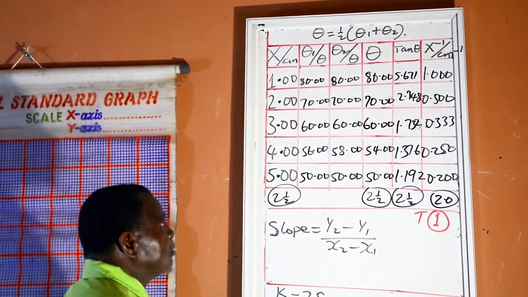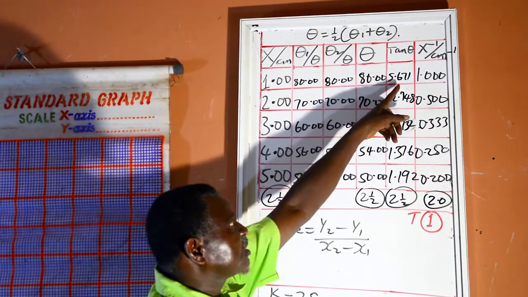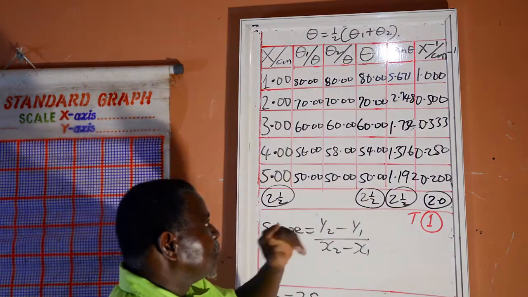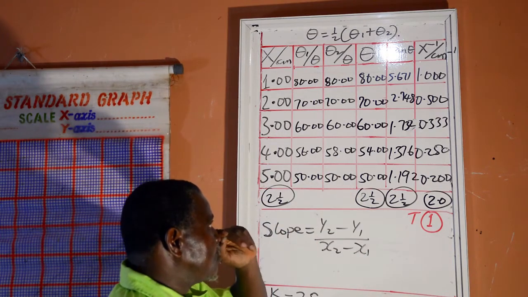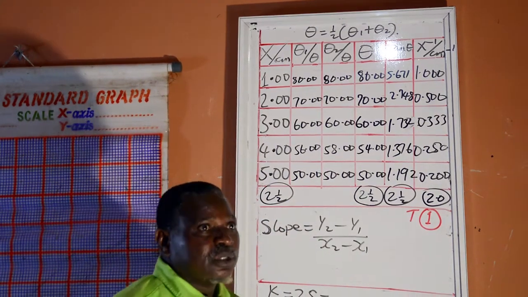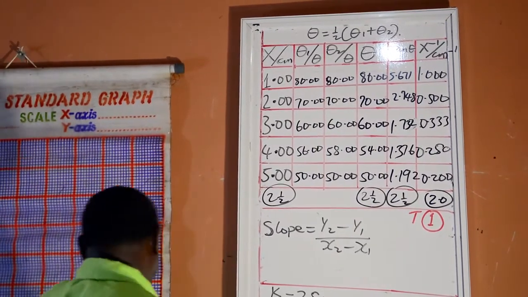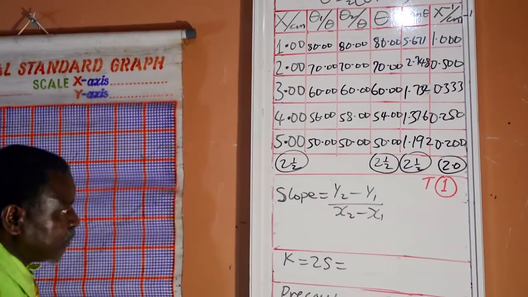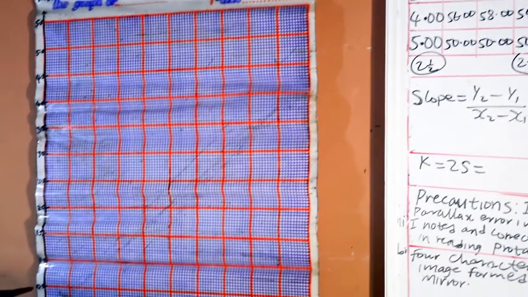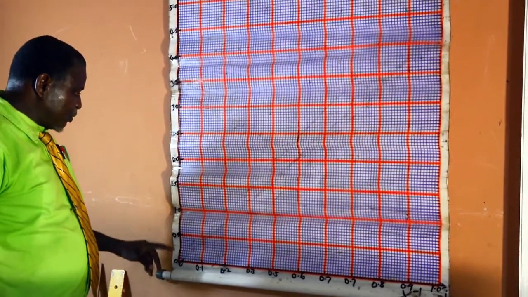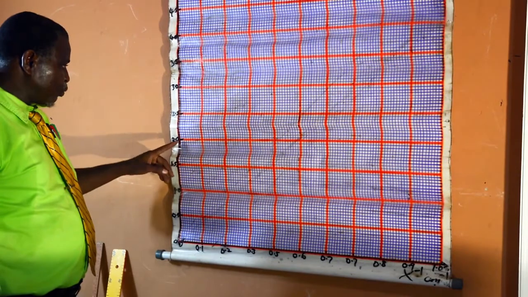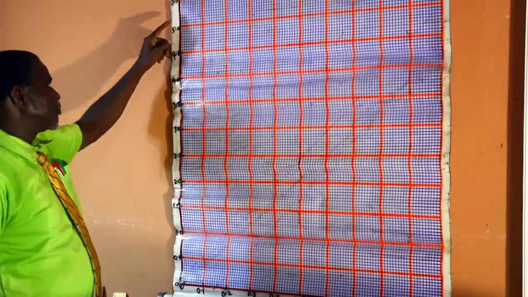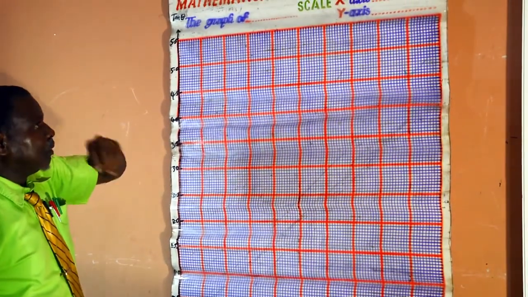The maximum value of tan theta is 5.671 and the minimum value is 1.19. So the scale we are going to use here is 0.5, which will be used to represent 5 small squares. So this is 0.0, 0.5, 1.0, 1.5, 2.0, 2.5, 3.0, 3.5, 4.0, 4.5, 5.0, 5.5.